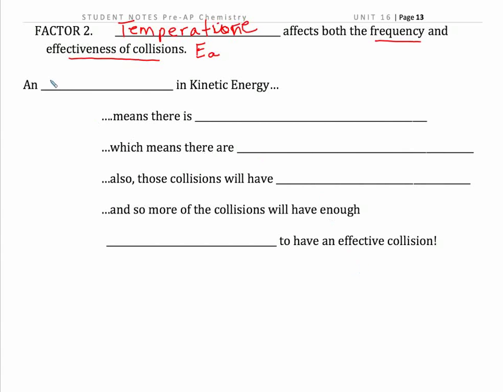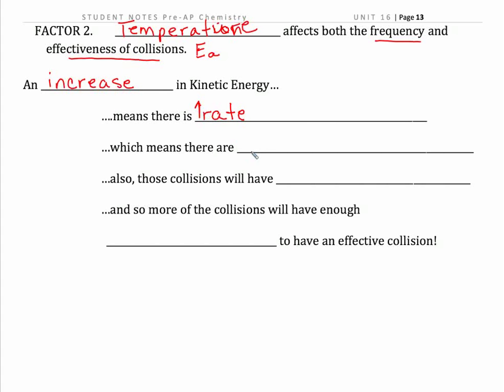Now, the thought process is that an increase in kinetic energy means that there is going to be an increase in the frequency. They're moving at a faster rate, right?